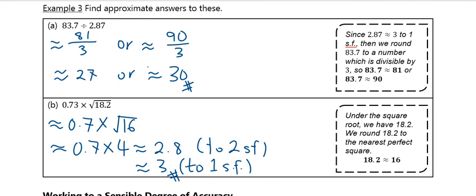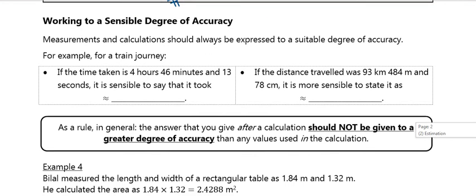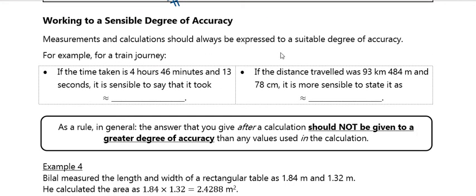Now let's have a look at this one. Okay, when you are measuring or calculating something, you should express it to a suitable degree of accuracy. For example, for a train journey, if the time taken, let's say you are informing people, will you tell them 4 hours, 46 minutes, and 30 seconds? Or does it make much more sense to say that it took about 4 hours?